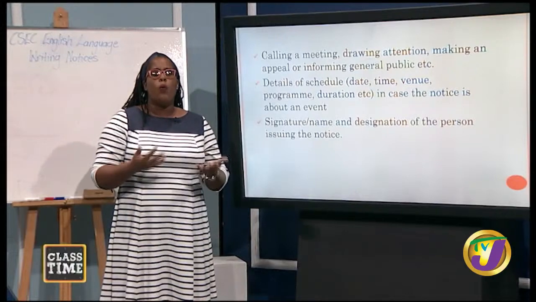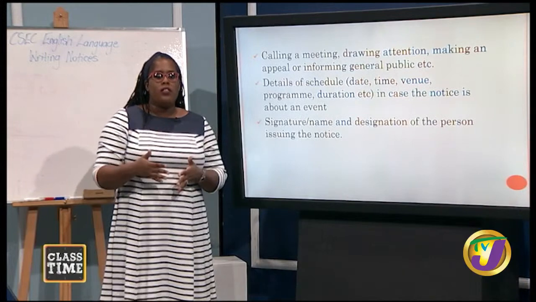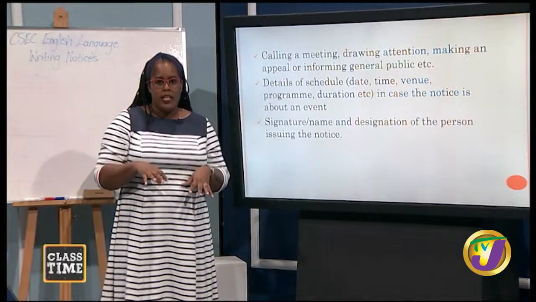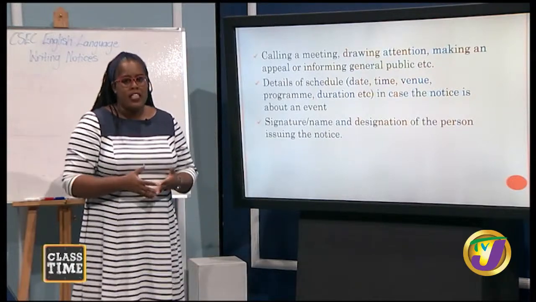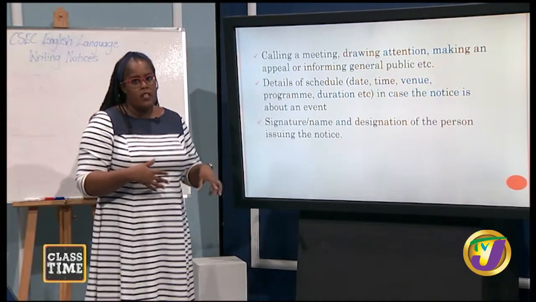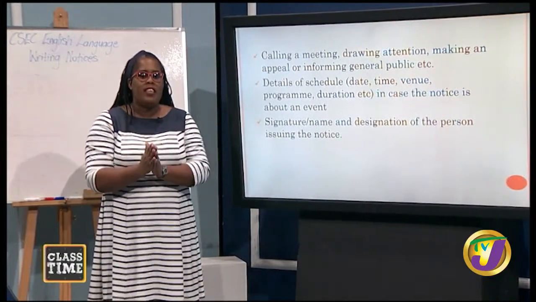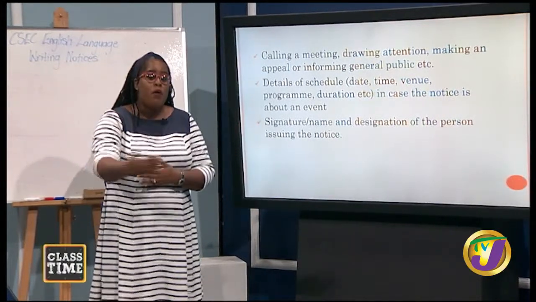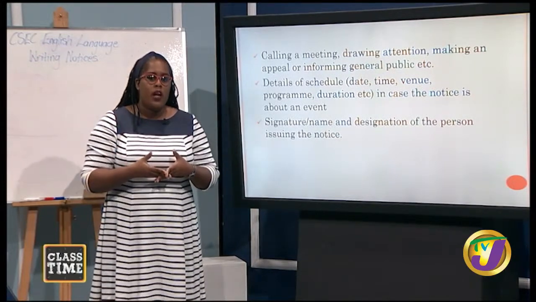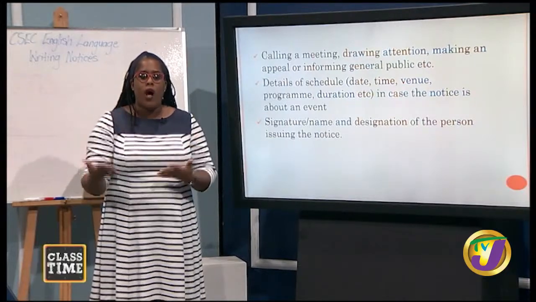All right. What we need to understand as well is that different notices have different things that you should include on them, so we need to take these things into consideration. Not every notice will have all of these things on it. But for whatever format or type of notice that you are using, you should know what you should include on it and what you should not include or place on the notice.